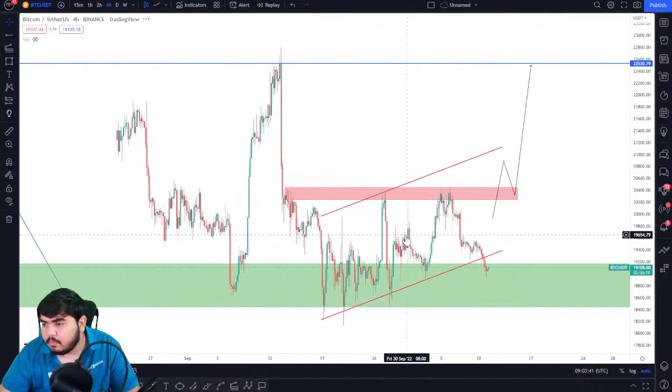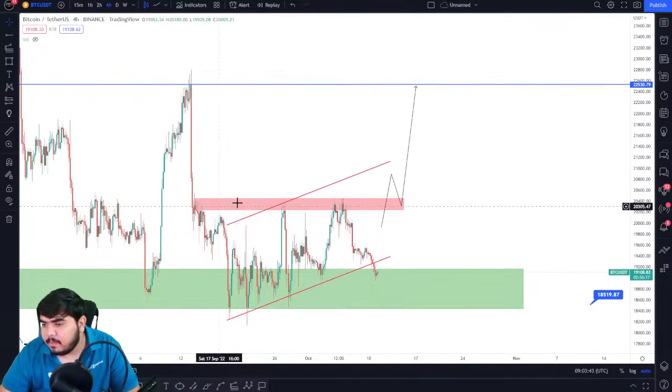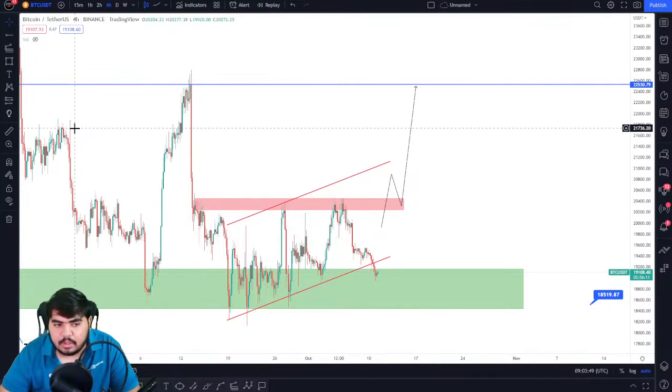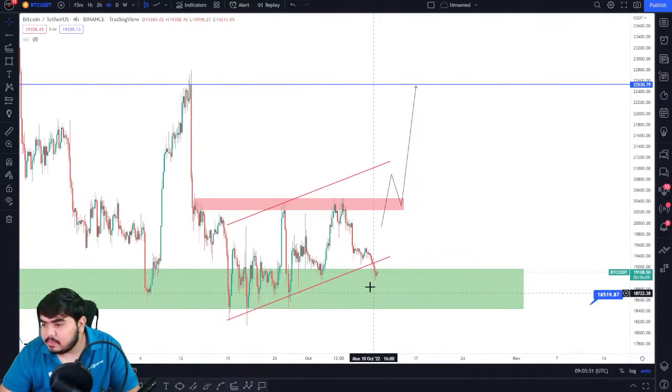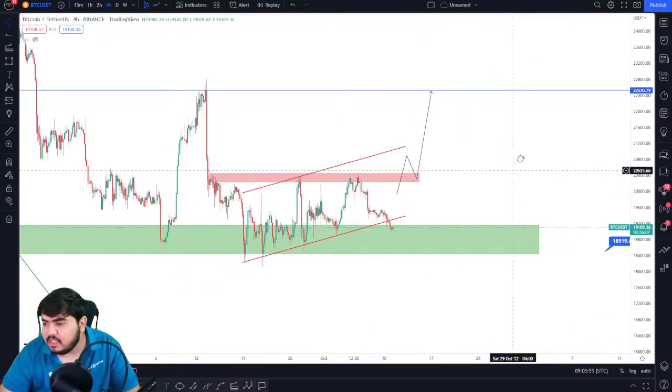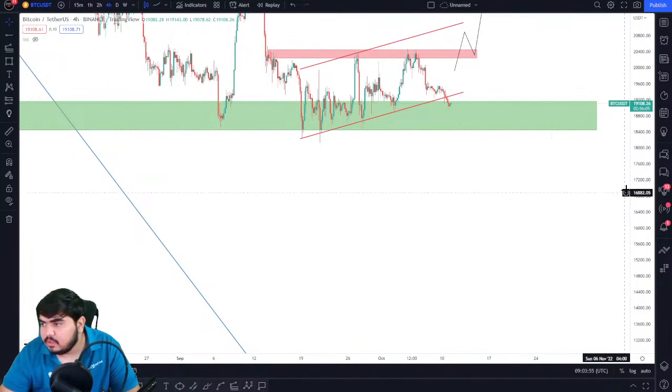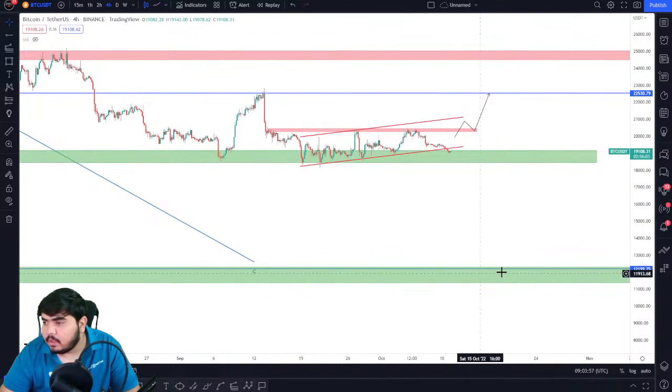So my view is that if the market is able to break above this high, then we can see a continuation higher up to this point. But if the market breaks below this key level of support on the BTC, then we can expect a continuation towards the downside direction.